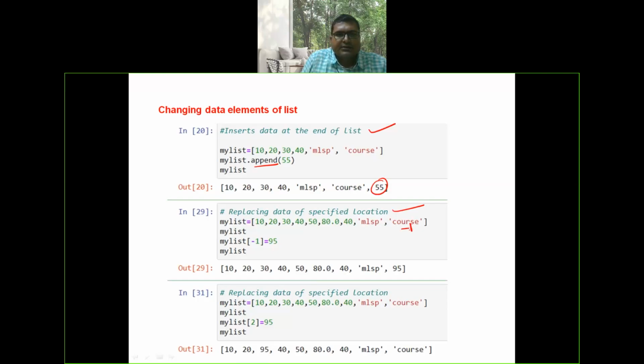This is the position of the -1 index. This can be replaced by assigning a value associated with its index. Here the element with index -1 can be replaced by 95.